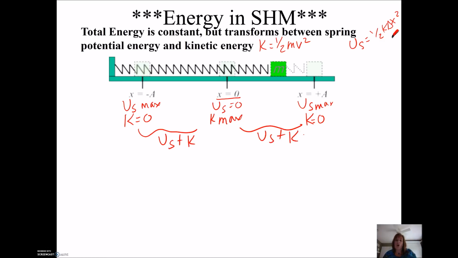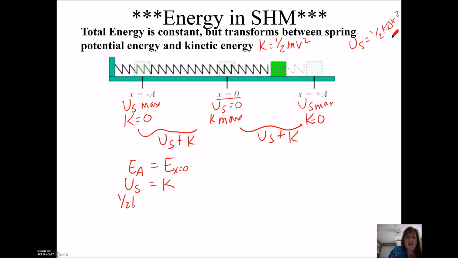So if I want to solve for speed on a spring, we want to say that the total energy, usually thought about in terms of amplitude because it says how far the spring was stretched, is equal to the energy anywhere else. Now, if we're talking about the energy at x equals 0, then the spring potential energy is equal to the kinetic energy.